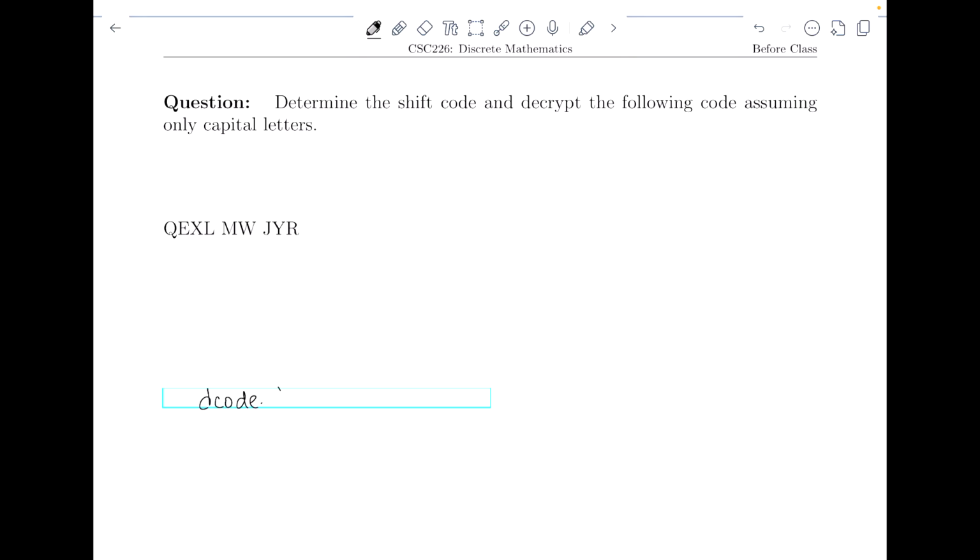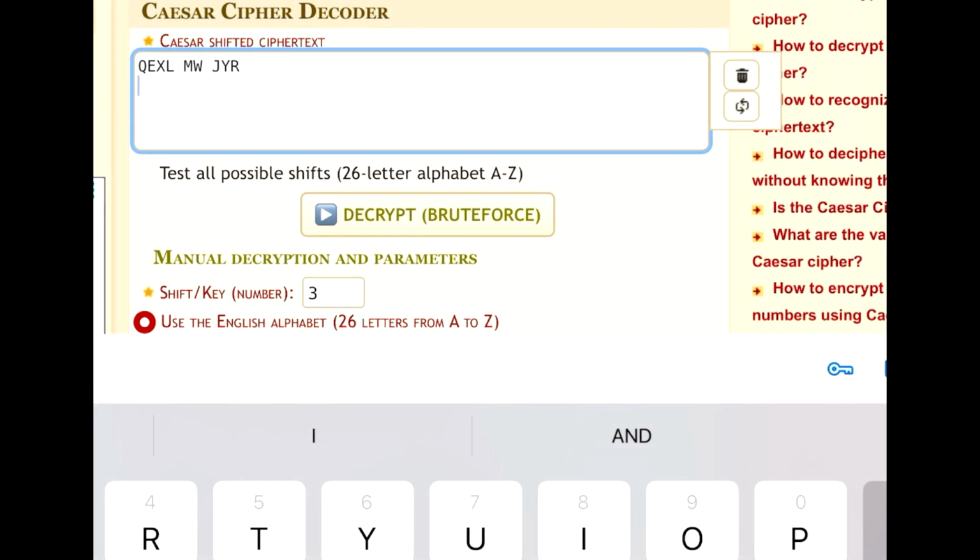There's this one website called decode.fr, and you can look up the Caesar cipher there to actually run a brute force on this. So let's go ahead and take a look at it. And so here we have my ciphertext. And the ciphertext that I had in the example was QEXL MW JYR.